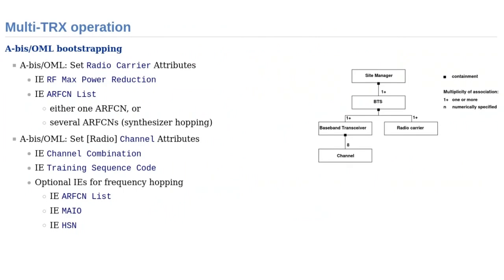So this is how it is happening on the OML link. There is no special set attributes message for the baseband transceiver, only for the radio carrier and for channel, for the GSM time slot.